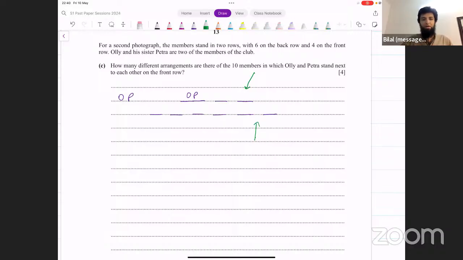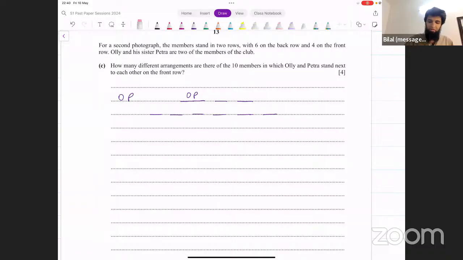Unless we know that, we can't do arrangement, right? So we first need to decide which of these people are going to be in the front row and which of these people are going to be in the back row. We need to decide that. Now, how can we do that? We have 8 remaining people. Those 8 remaining people, we need to select 2 of them and put them in the front row.